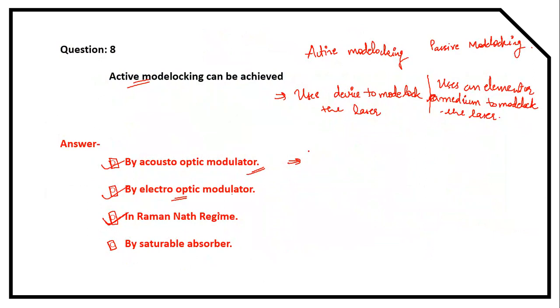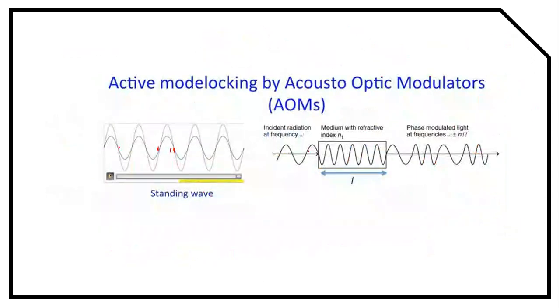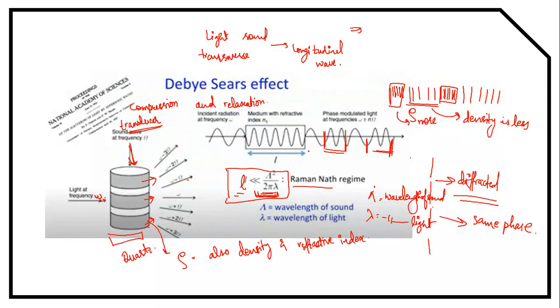This is also called the Debye-Sears effect, where you can get phase modulated light when you apply the light beam and the sound beam perpendicular to each other at a particular wavelength or frequency.